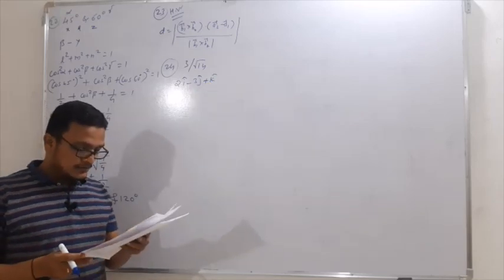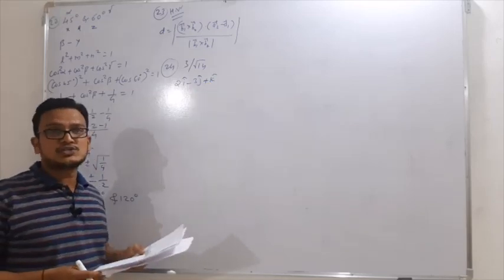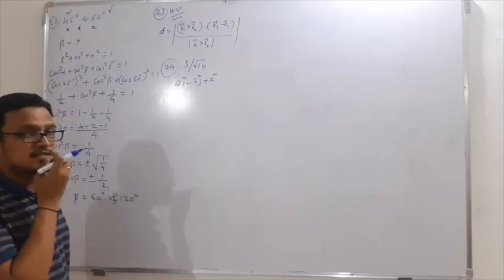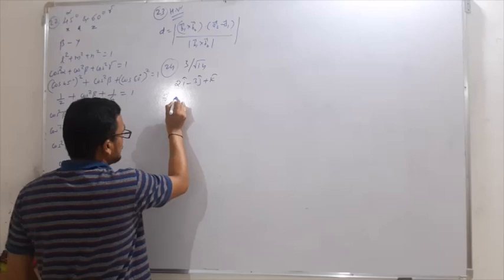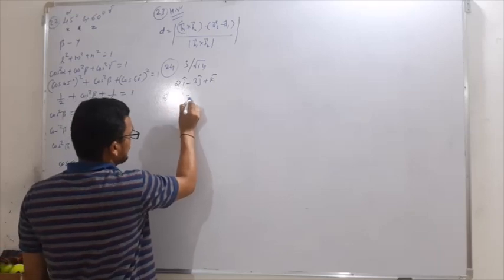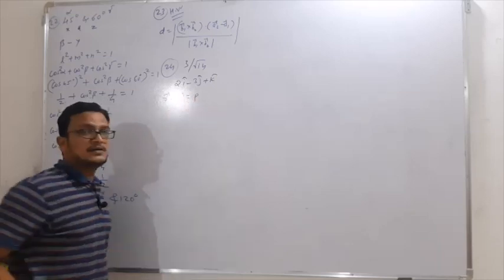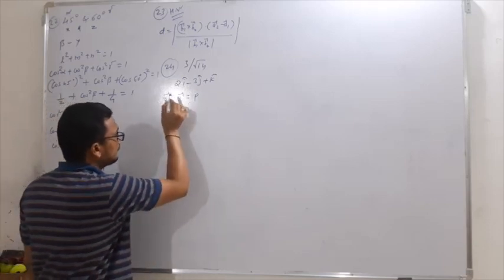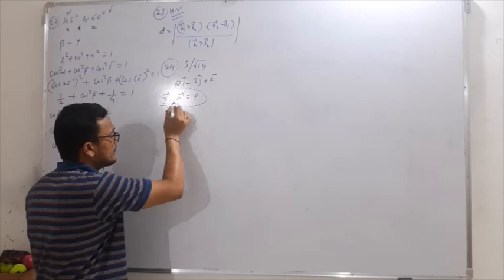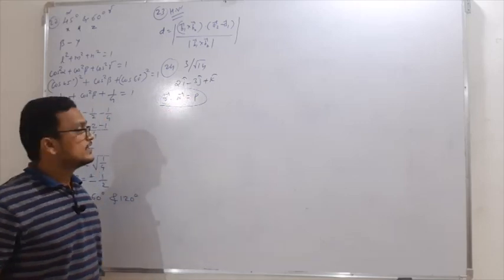Then we have to find out the vector equation of the plane. So distance is given and normal from the origin is given, then always the standard form is r dot vector n is equals to p, or you can take the distance as d. Then we have to find this vector equation.